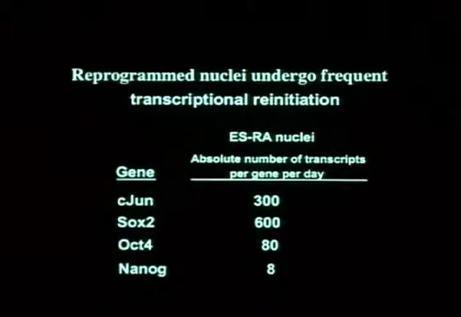Whereas if you transplant such isolated nuclei into the living cell, as in this case, you can get extensive reinitiation of transcription. So for the SOX2 gene, it's about 600 transcripts per gene per day.